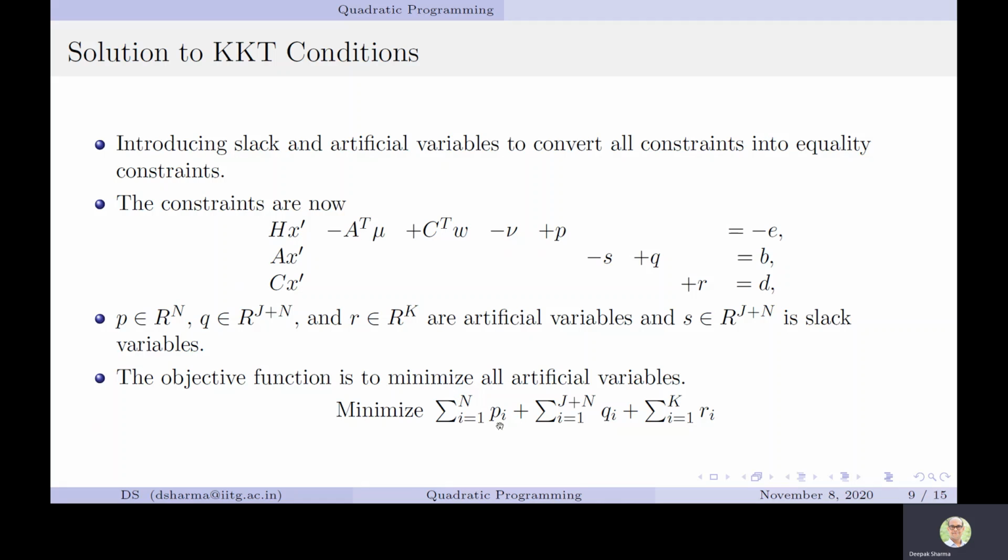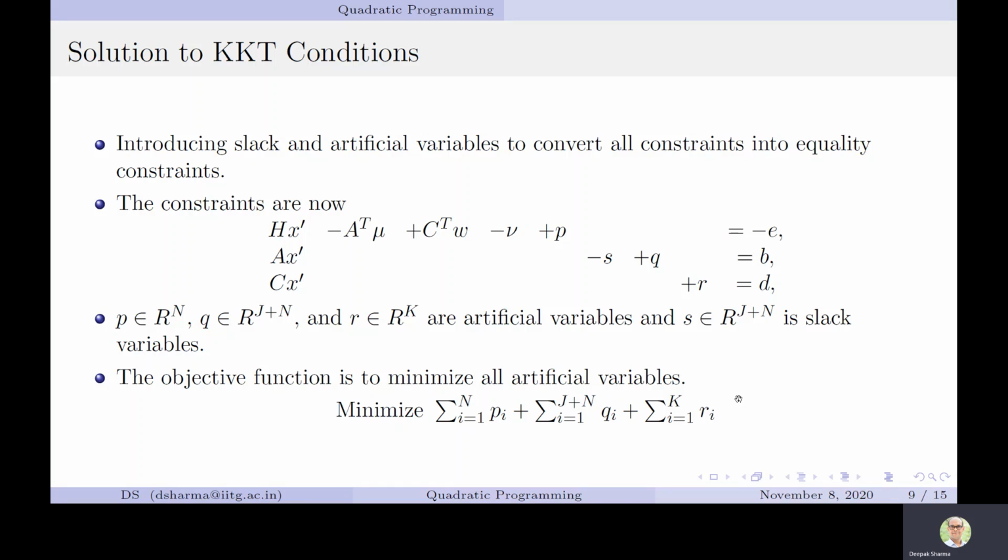When they become non-basic variables, they are all 0, meaning that the solution we are going to get becomes a feasible solution for the given problem. Now we don't have any other objective to solve the given problem. We have just one objective, which is to minimize all artificial variables.